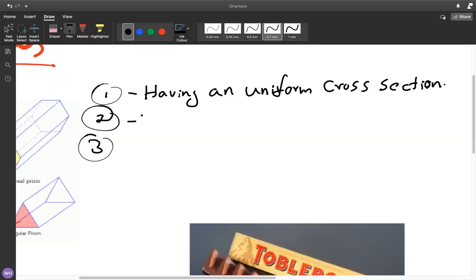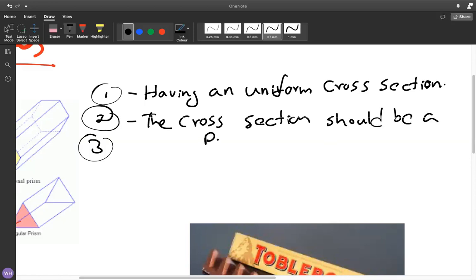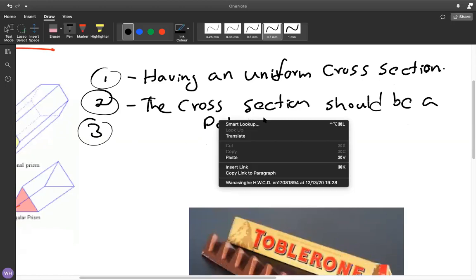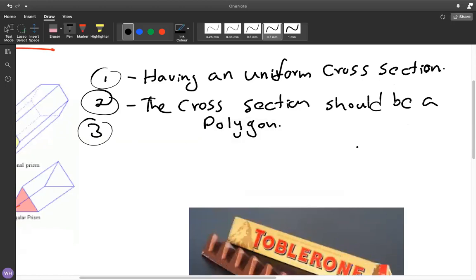Number two, the cross section should be a polygon. Okay, the cross section should be a polygon.